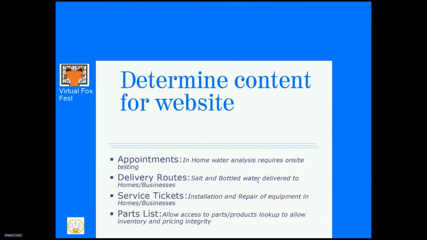So I'm going to say that the four main things we use the site for: appointments, because when someone calls in at this company, we have to make an on-site water test to see what the person needs. They might have iron in their water, smelly water, they want better drinking water, they want the chemicals taken out, whatever it is. And so appointments is really important to the owner. He wants to make sure they get it.